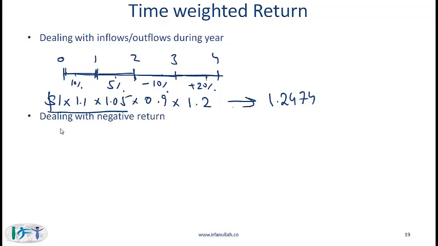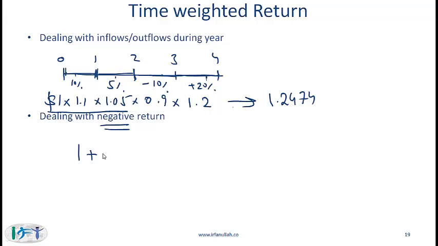The other tricky item is dealing with negative numbers, and we've already done that over here. Notice if the return is negative, then we simply multiply by 1 minus that number. So 1 minus 0.1 is 0.9. What you are not supposed to do is simply multiply the direct return numbers.